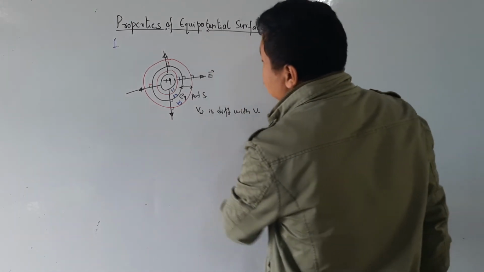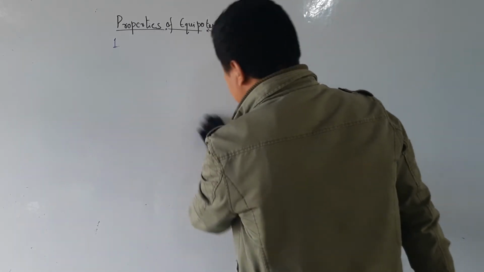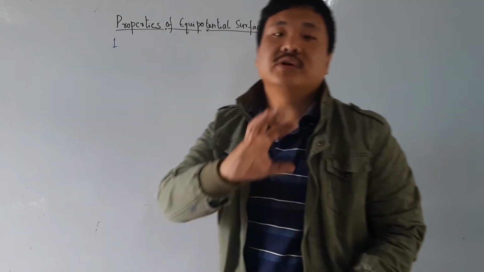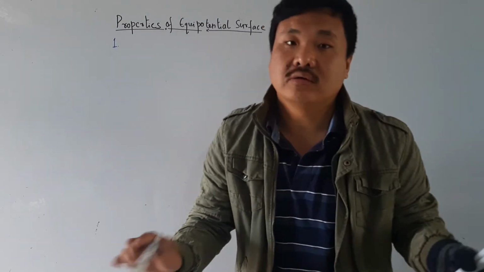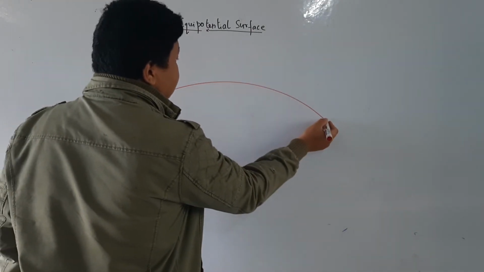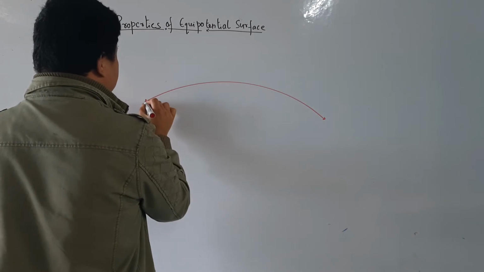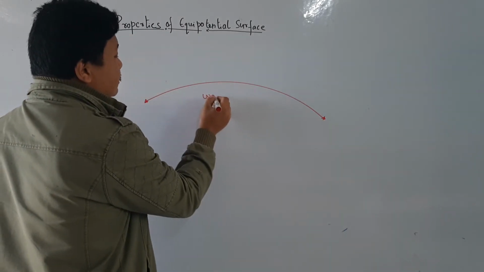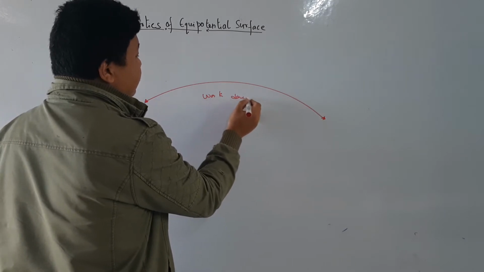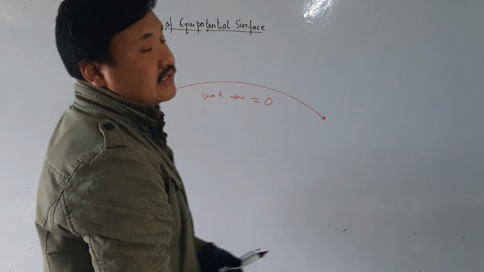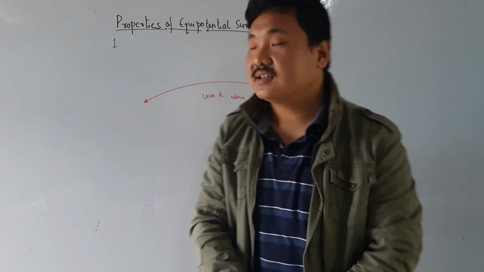Now there are some more properties. The work done on an equipotential surface is zero. For example, you have this equipotential surface. Why is the work done zero?